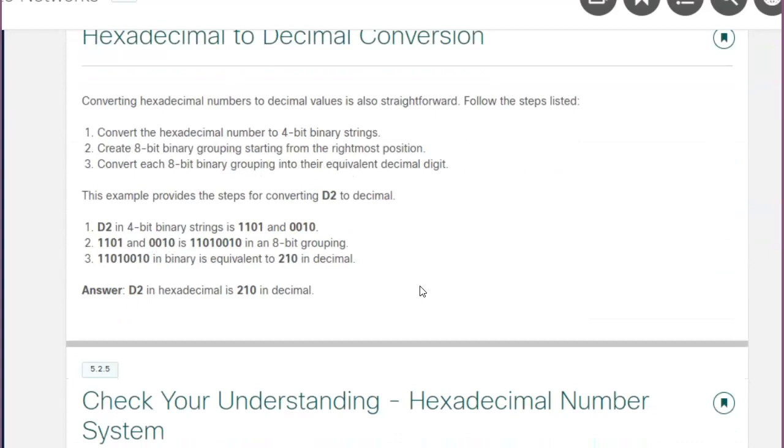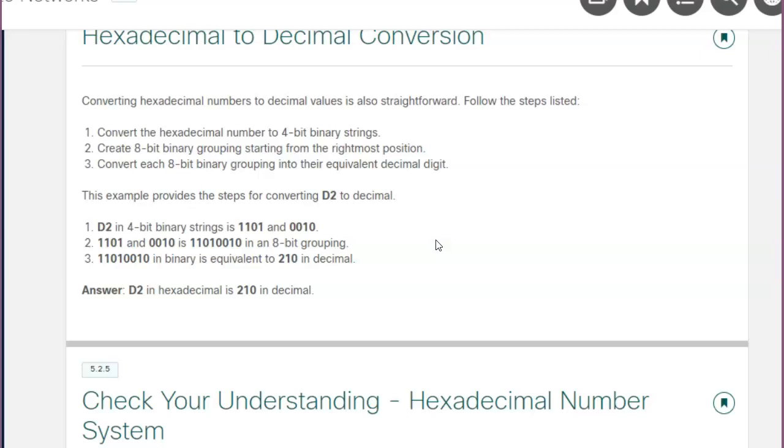Now, converting back from hex to decimal, the same type of thing applies. First, you've got D2. So what do I have? I have 2 hex digits, the binary representation of D and the binary representation of the number 2.